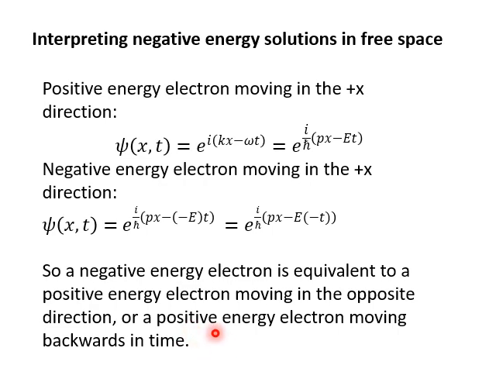We're going to come back to this when we talk about Feynman diagrams later on. Does it really move backwards in time? Well, let's just say that the mathematical solutions look the same.